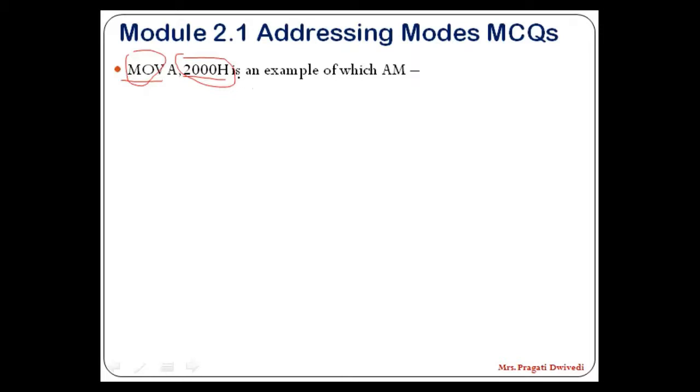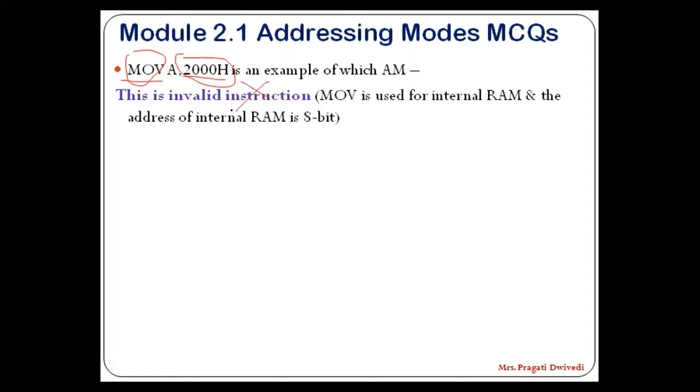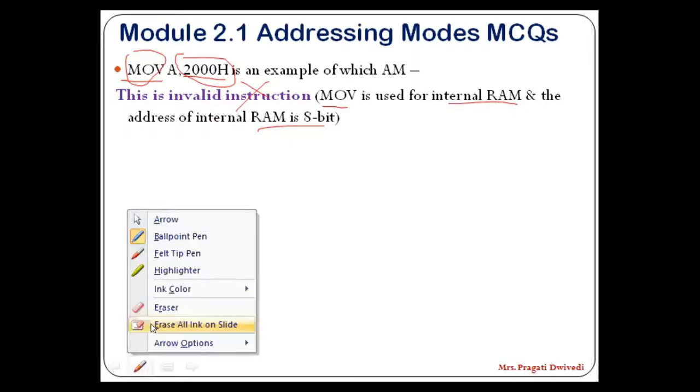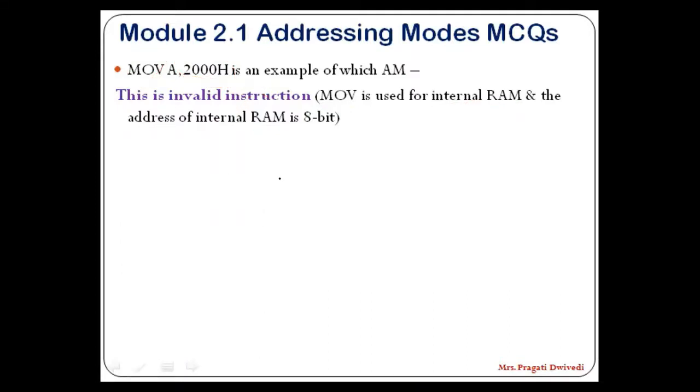So you cannot have a 16-bit address for your internal RAM, and hence this is an invalid instruction. The reason is MOV is used for internal RAM and its address is 8-bit, whereas 2000H is 16-bit. So you definitely have to be careful while selecting the right option.